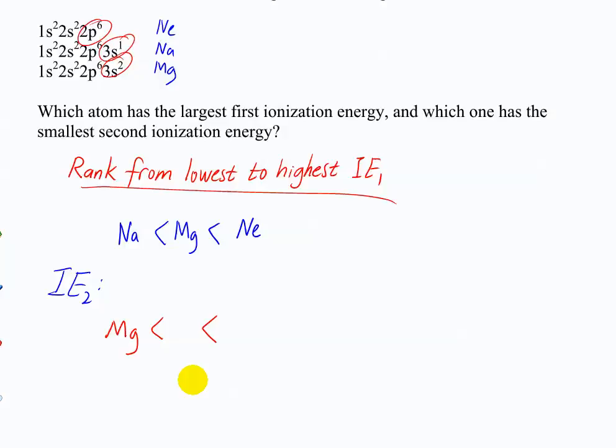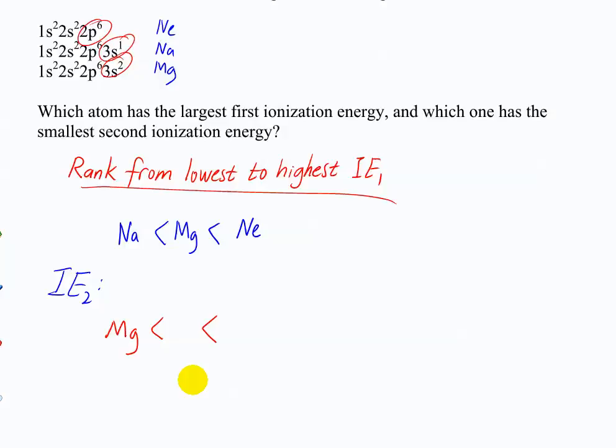That's first ionization energy. Magnesium will certainly be the smallest. I don't know the other two. We'll have to look it up.